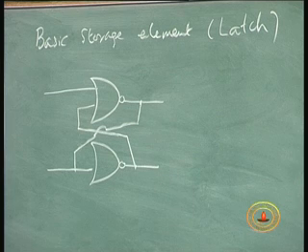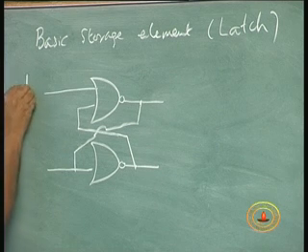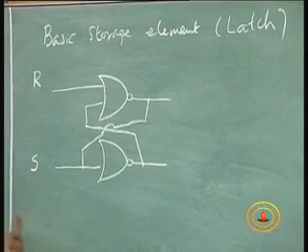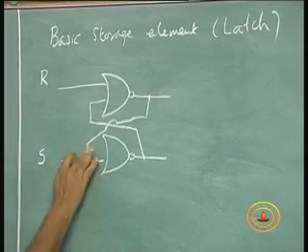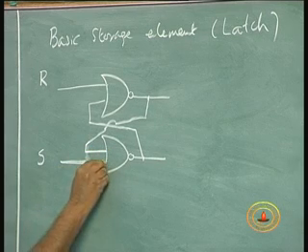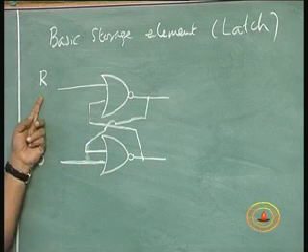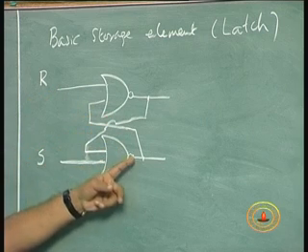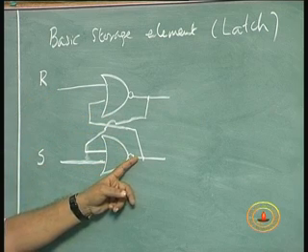I will call this input R, for reasons which will be clear a little later on. I am taking R as one of the inputs, and the other input to this NOR gate is the output of the other NOR gate.